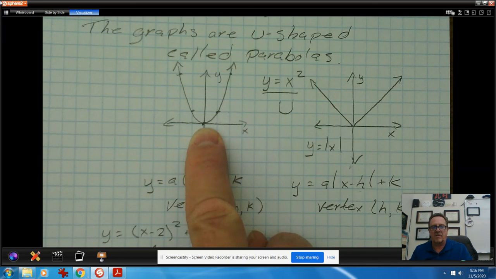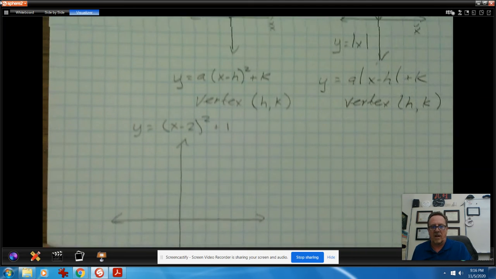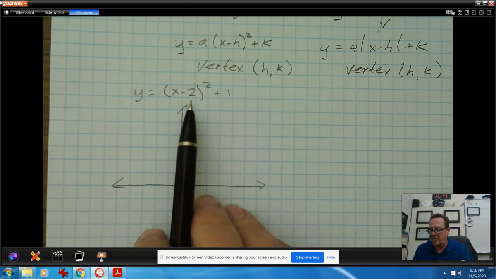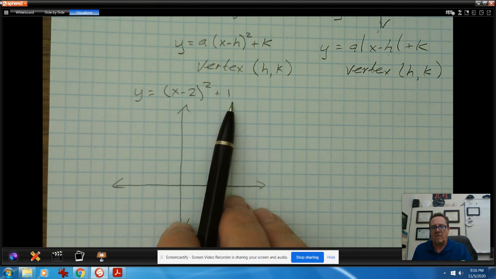How does this graph change if I was graphing it here? And hopefully you're saying, well, it moves to the right by 2 and up by 1.